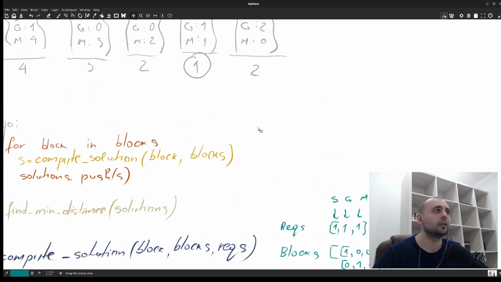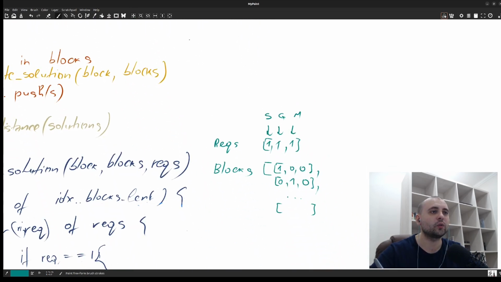So we'll get to the last one, which is the school and the mall. So school is the first, mall is the last, so it will be 1, 0, 1. So this means we have the school part, then the gym, which we don't have, and the mall part.